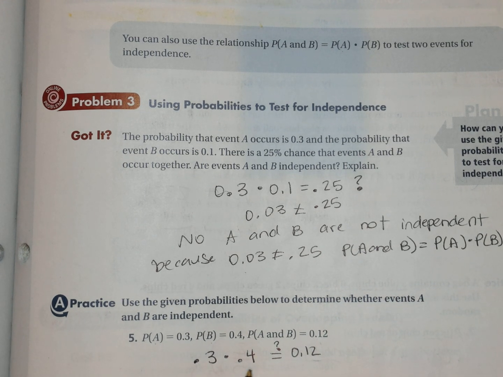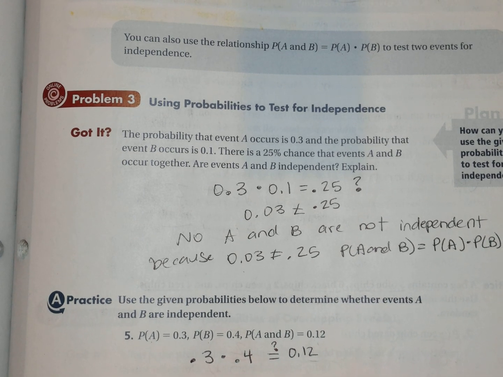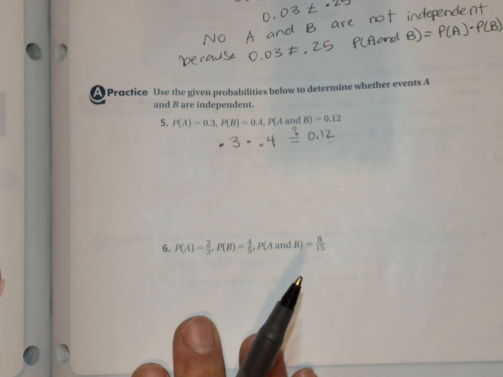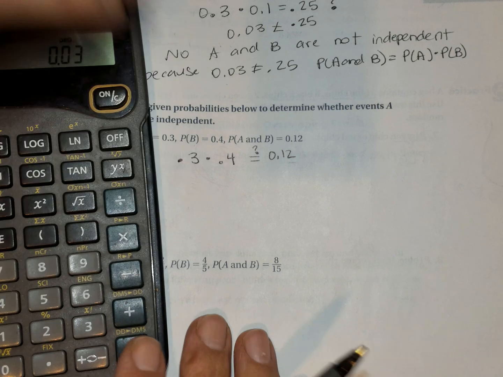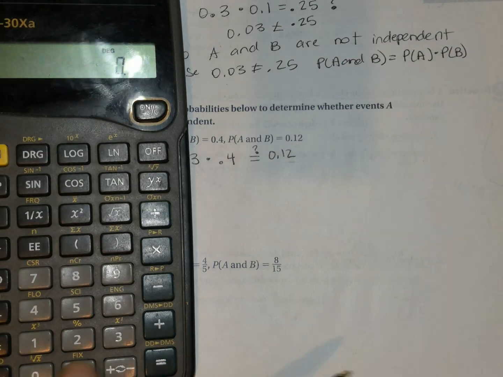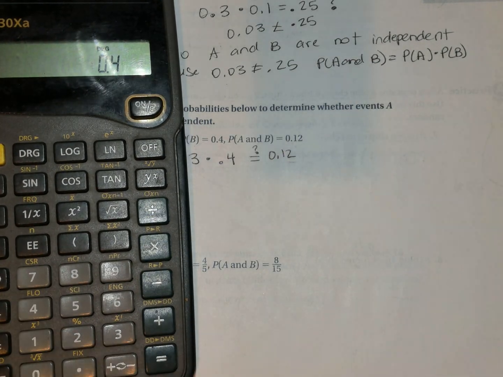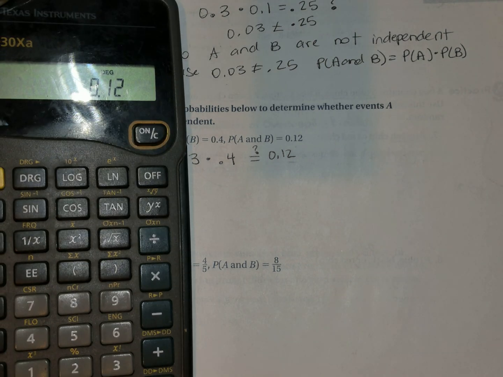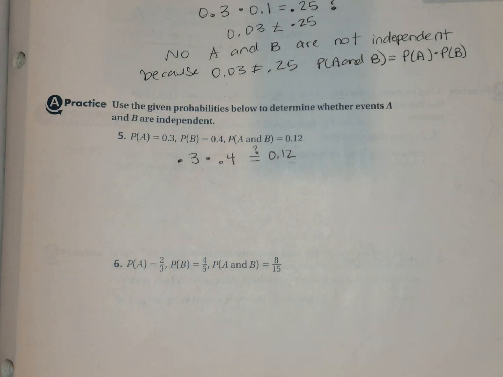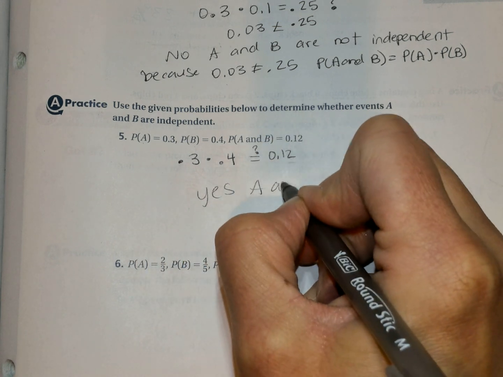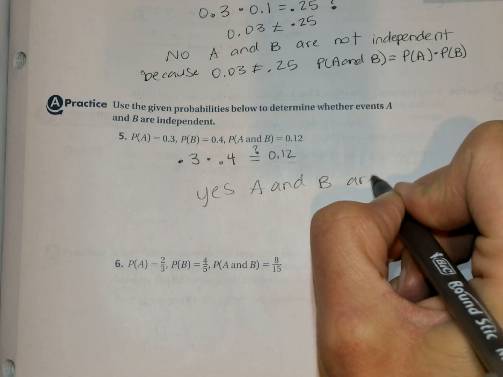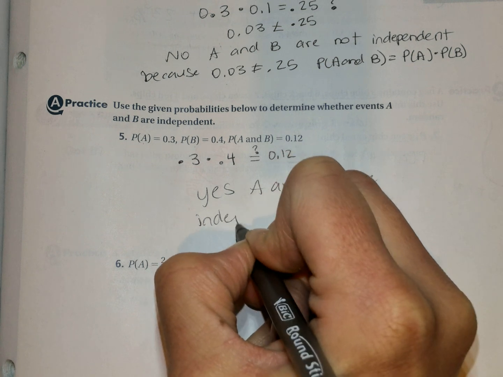I know 3 times 4 is 12, so I'm thinking it probably does, but I'm going to use the calculator because I always want to make sure that I'm doing it right. So in my calculator, I just have to do 0.3 times 0.4. You try it too. And it does equal 0.12. So I would say yes, A and B are independent.